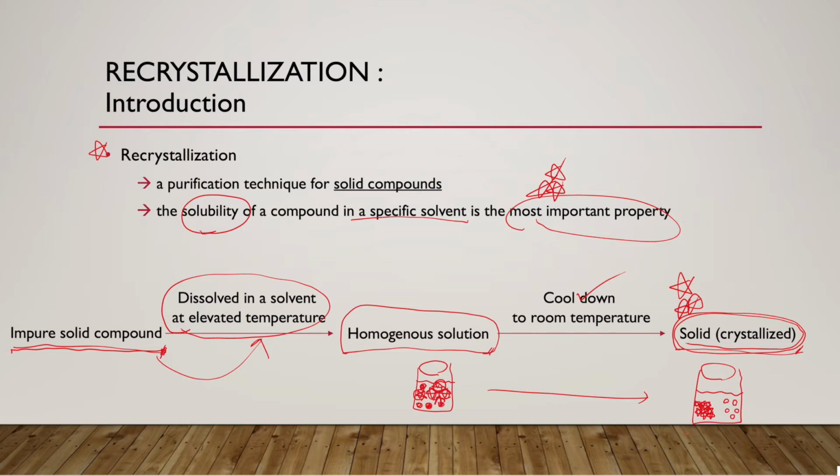It is a very interesting behavior of the compounds when they are cooled down to room temperature from the homogeneous solution. So we're using this type of property of organic compounds. Then after getting these solidified pure compounds, all we have to do is collect them through vacuum filtration. That is it.